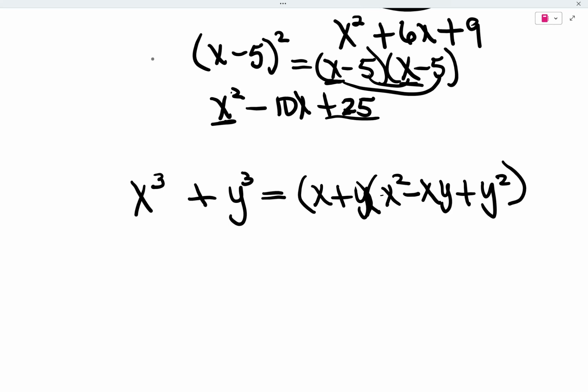And that's how you factor a sum of cubes. So this is factoring. These are definitely trinomials, or cubes.